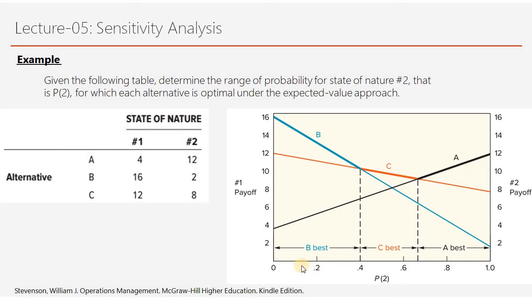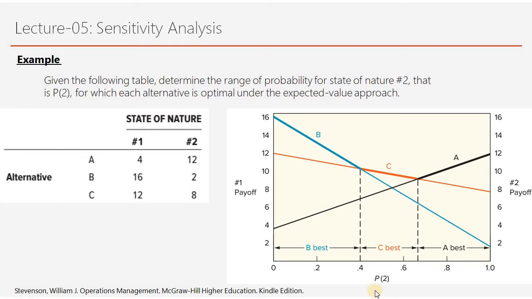And we can see here that we have the probability. Remember, we chose to see the second state of nature, so we are showing the probability of having this state of nature, and it ranges from 0 to 1.